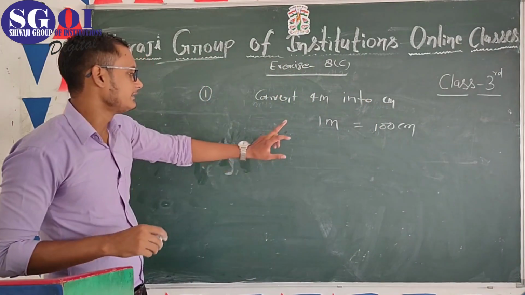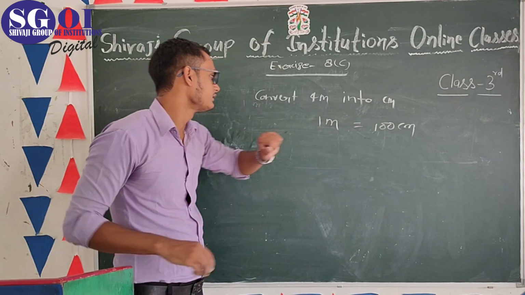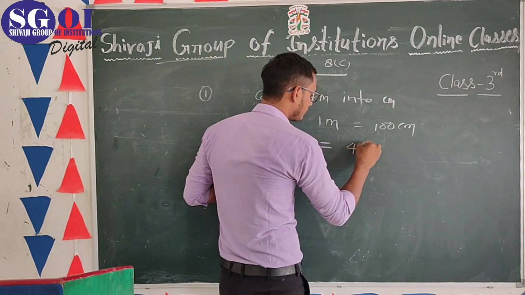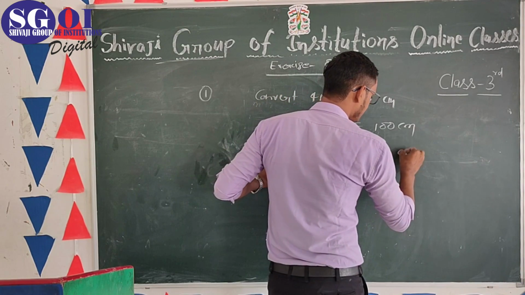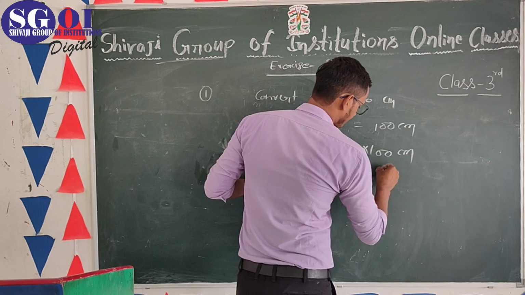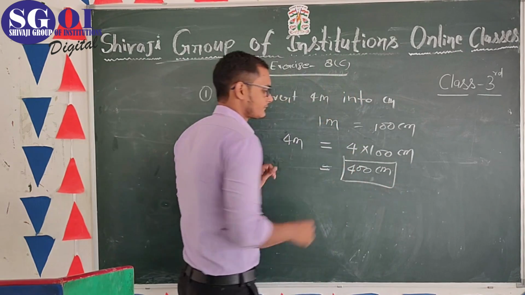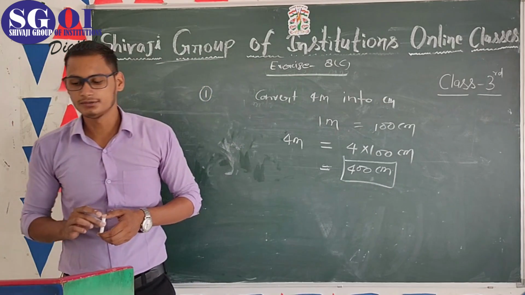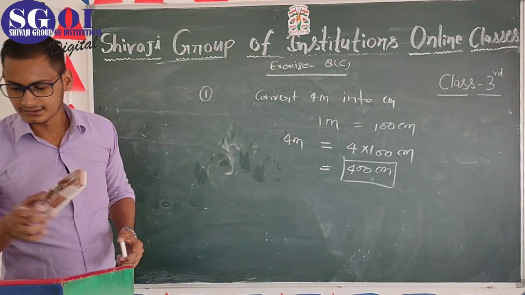So 1 meter is equal to 100 centimeter. So 4 meter is equal to 4 multiplied by 100 centimeter, which is equal to 400 centimeter. Understood?